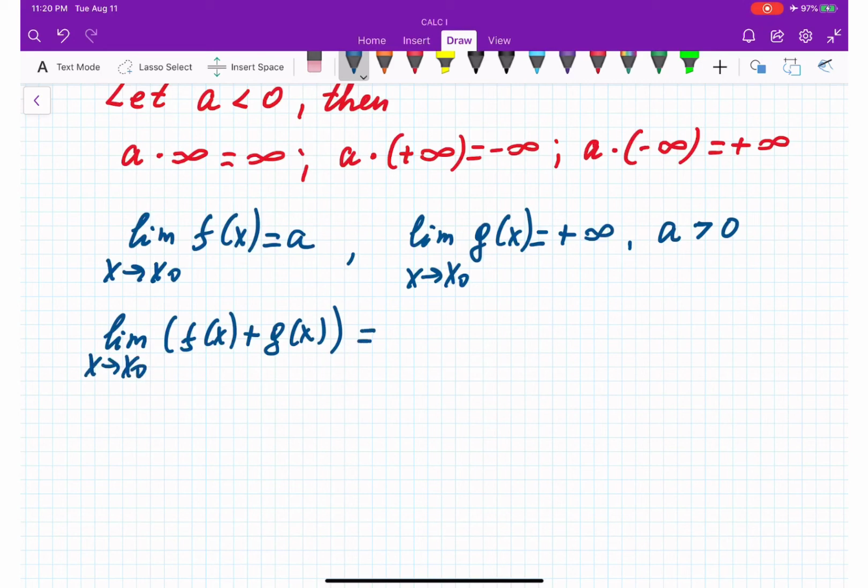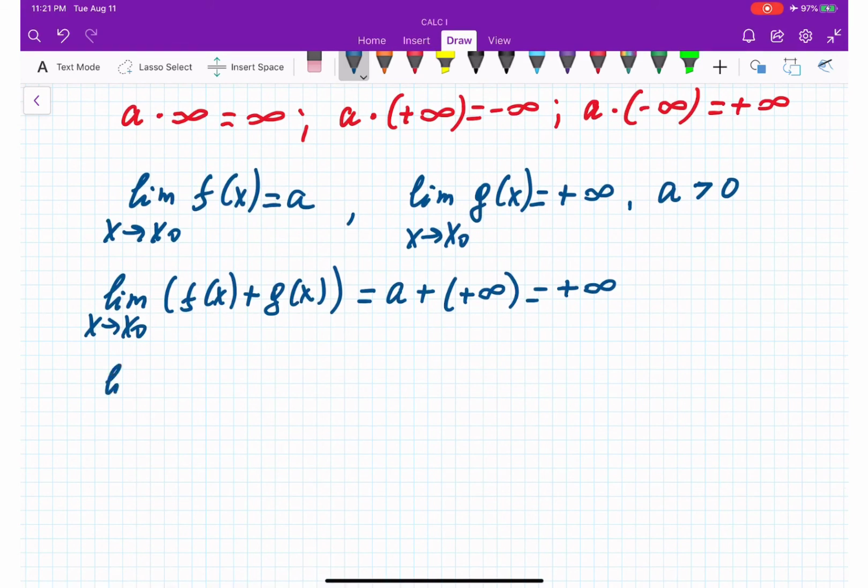It's going to be equal: limit f of x is a, limit g of x is positive infinity. I'm sorry, we have positive infinity there. So let me squeeze in positive infinity. And the result is going to be positive infinity. By the way, in Europe, sometimes for positive infinity they put dot, dot, dot, which means it's eternity, continuing, endless.